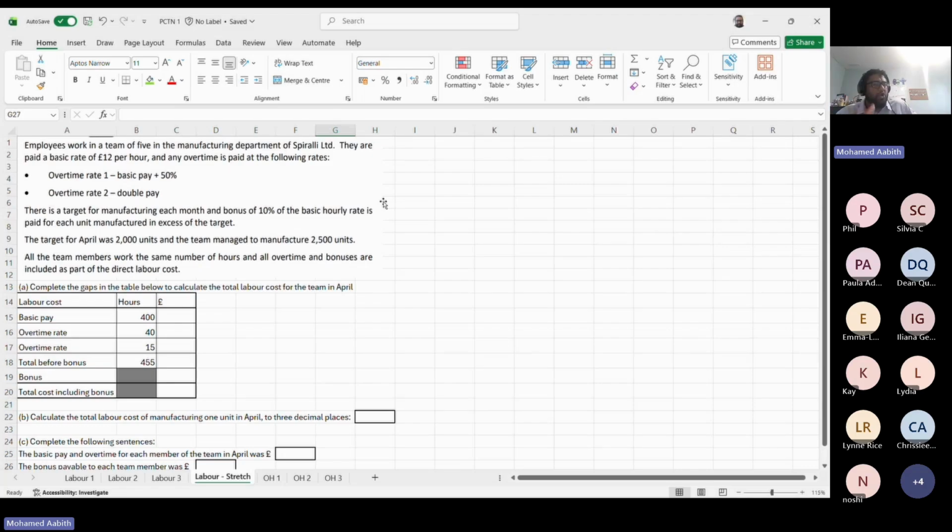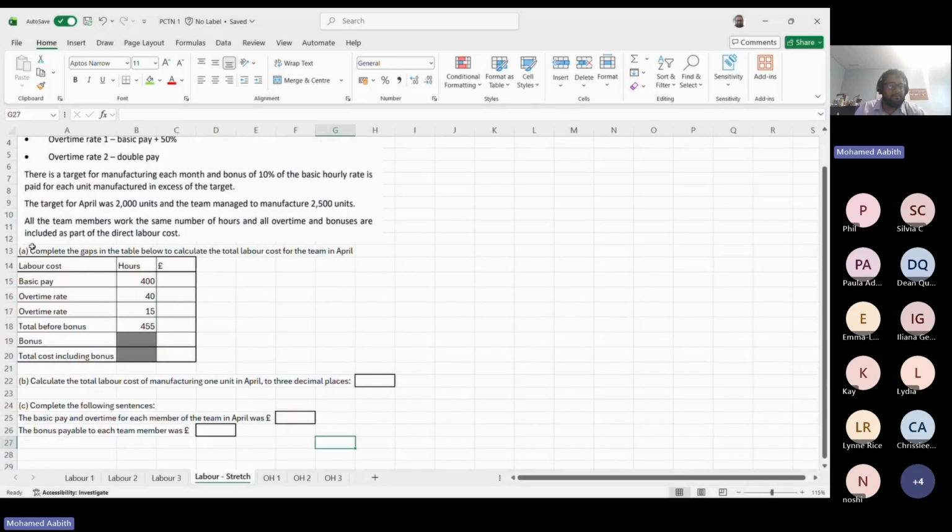So they knew the extra overtime they worked and the quantity of goods they produce, they could be identified for a particular order. Therefore, I can say all of the cost is the direct labor cost. So they're saying here, complete the gaps in the table below to calculate the total labor cost for the team on April. So here, what is the basic pay?